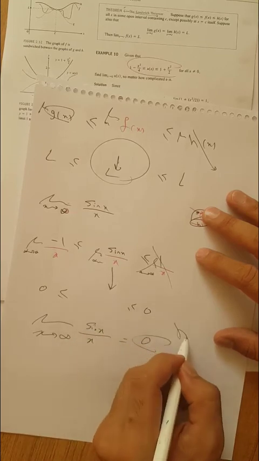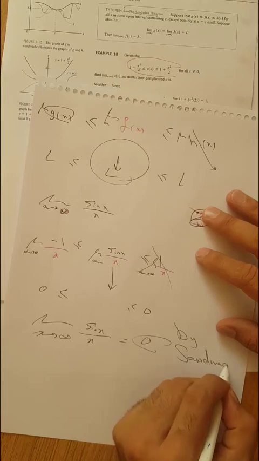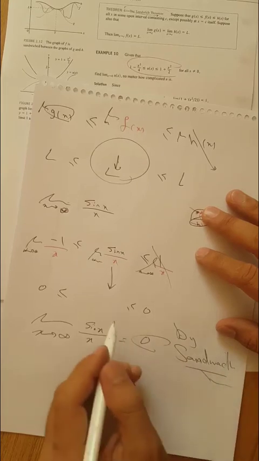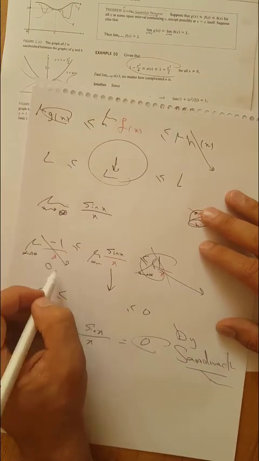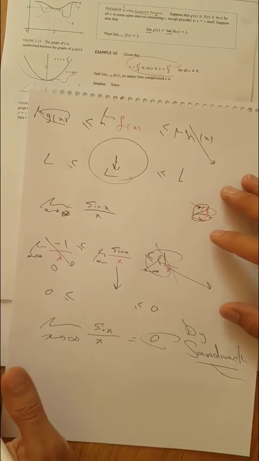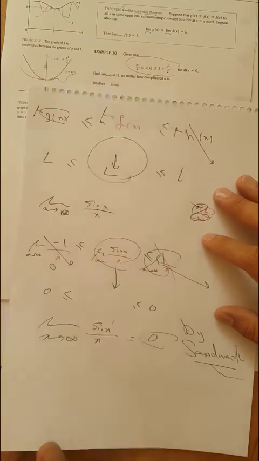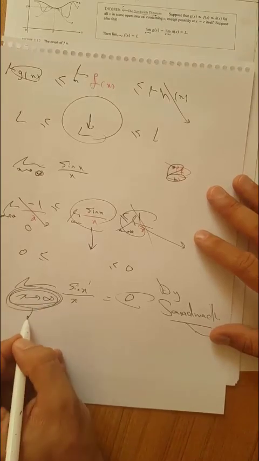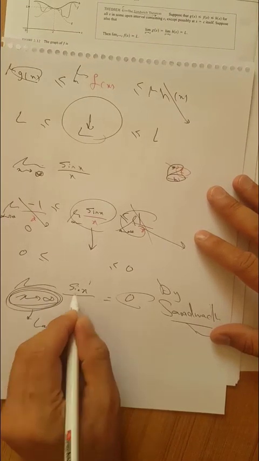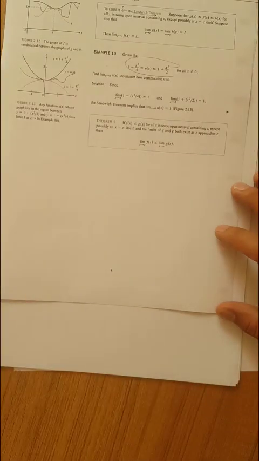Why? By the sandwich theorem. Because this part is equal to 0, and this one is also equal to 0 on the left side, so in the middle we can decide our function is equal to 0. Do not be in a hurry, we will talk about this one later. It was just an example of the sandwich theorem.